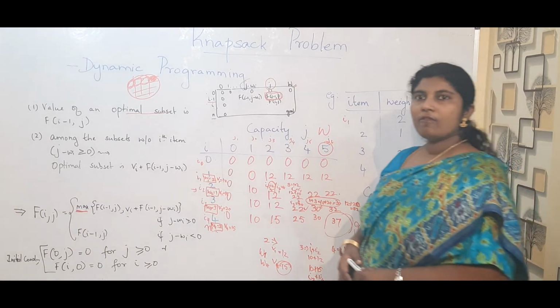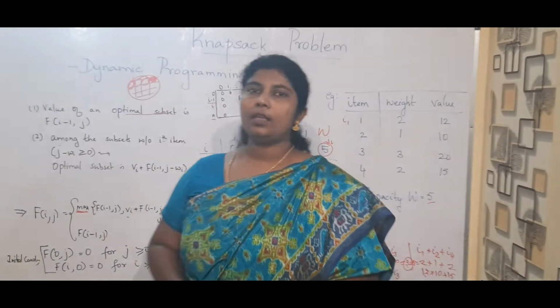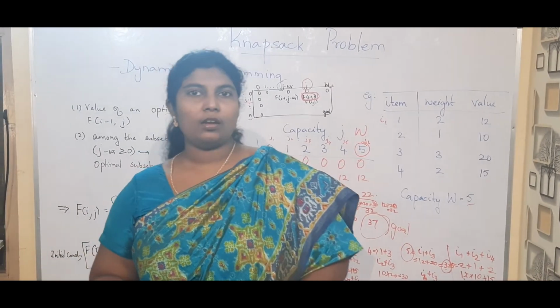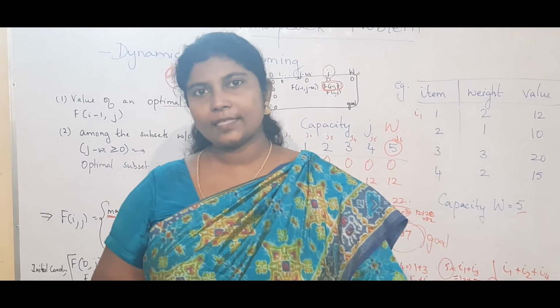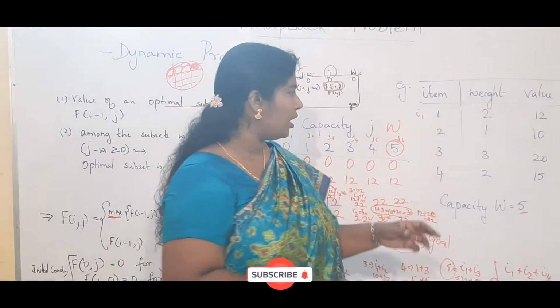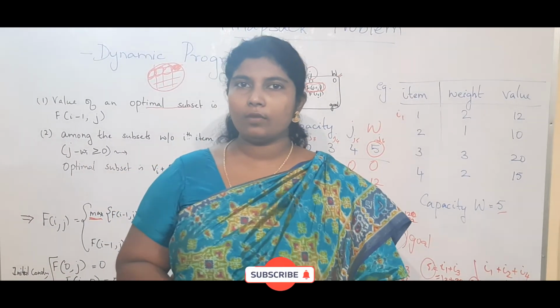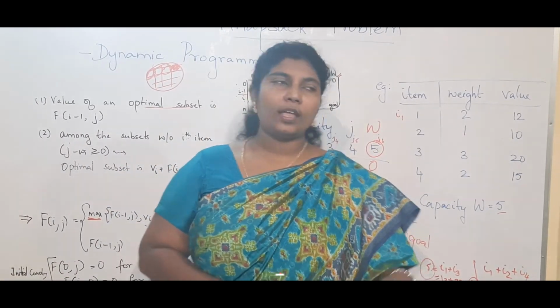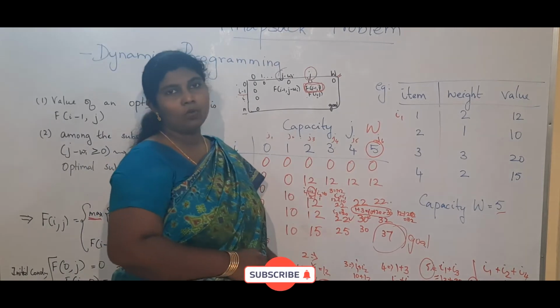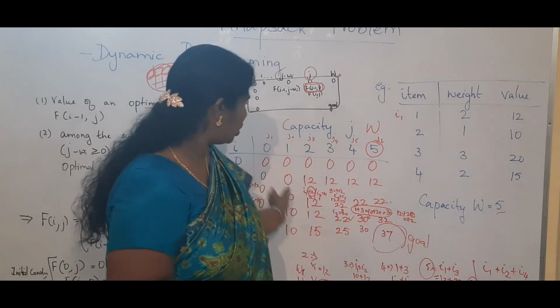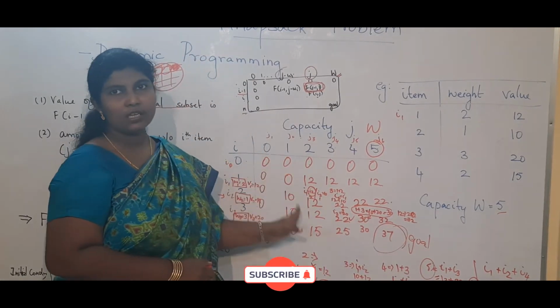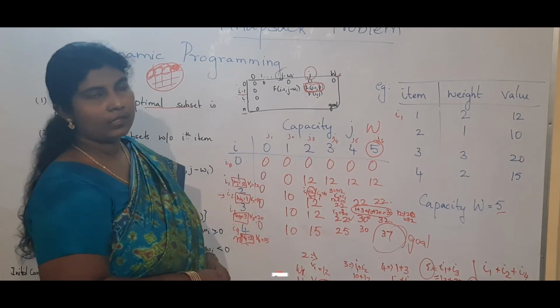Hope you have understood this dynamic programming method, how we solve this knapsack problem and how we arrive at this point. Now we are dealing with analysis of the algorithm. So n items and w weight we have. For each, it is going to be a recursive way of finding the solution.